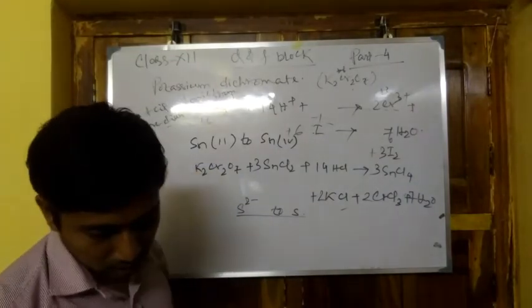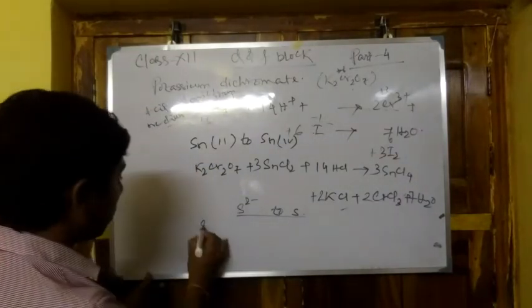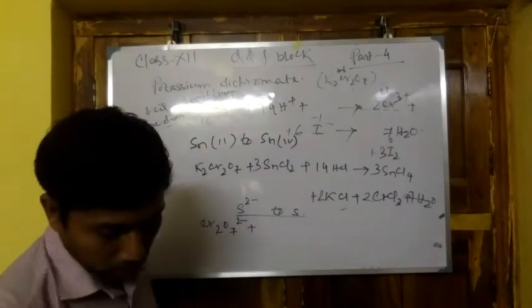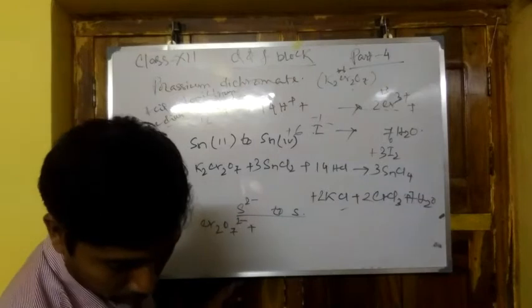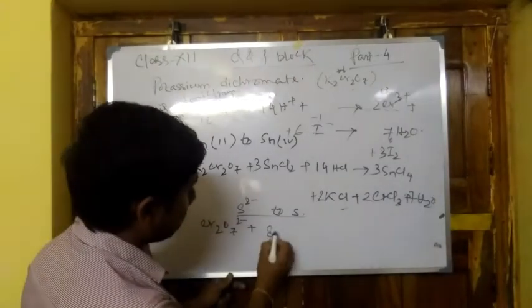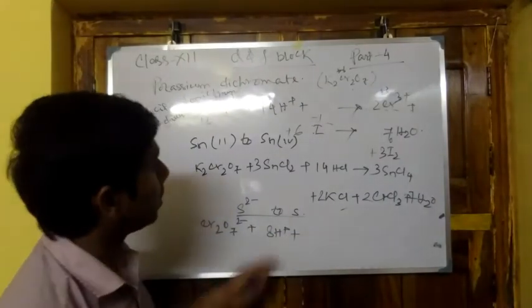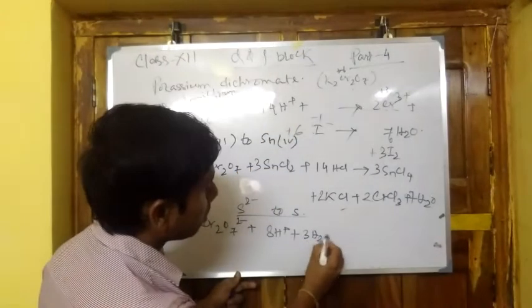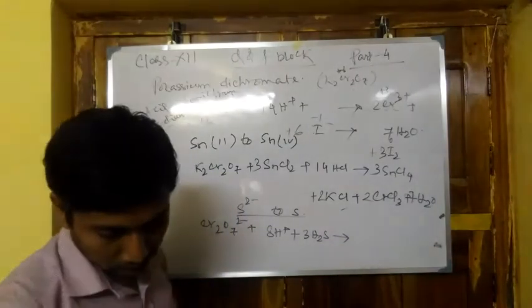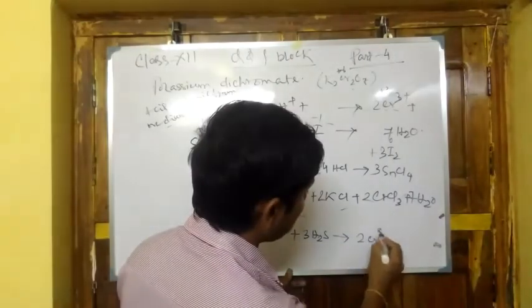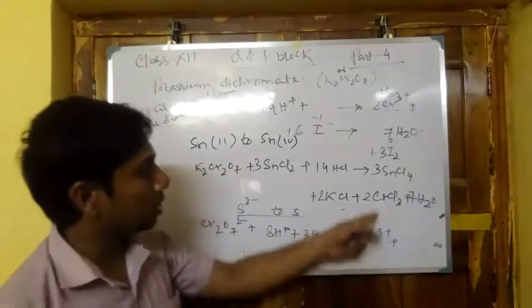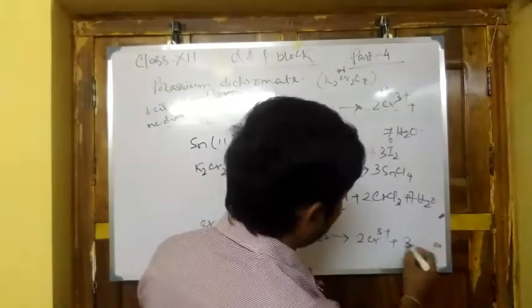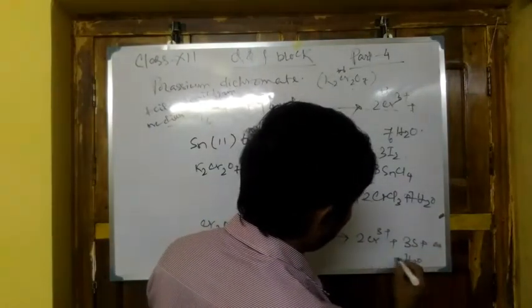So the reaction is Cr2O7 2 minus, that is in ionic form, plus 14H plus and 3H2S, that is hydrogen sulfide, gives 2Cr3 plus plus 3S plus 7H2O.